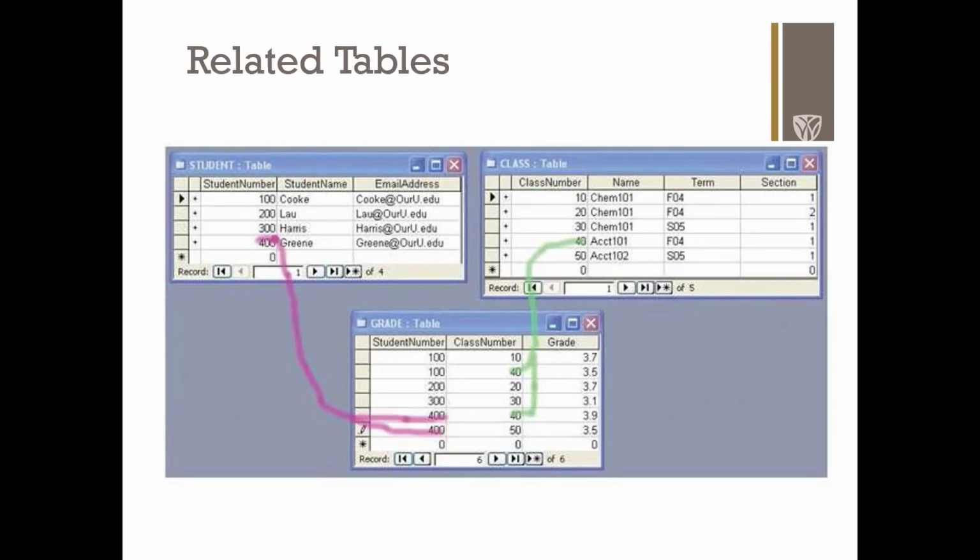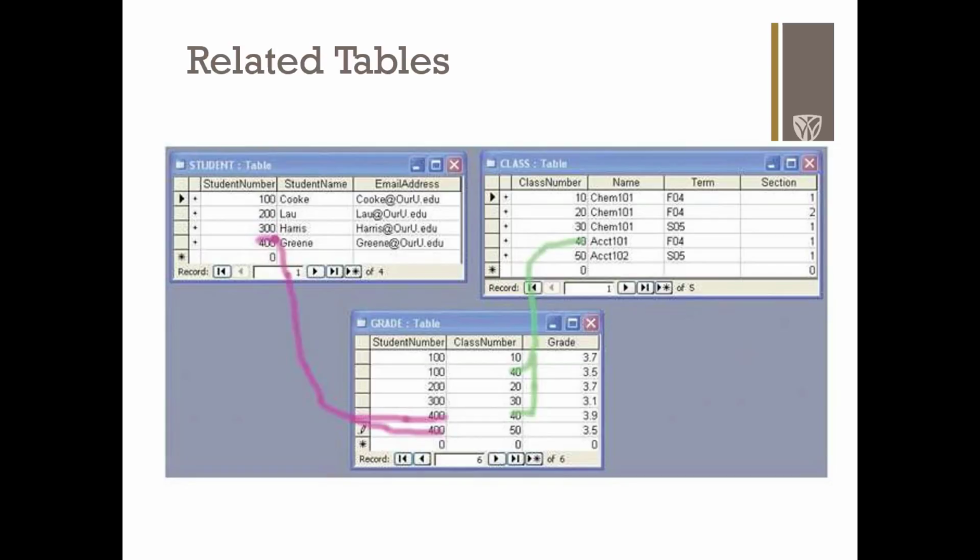Now we've added two columns of data to the grade table: the student number and the class number. Now if I take a look at that 3.7 listed in the first record, it makes more sense. I can see student number 100 took class number 10 and received a grade of 3.7.